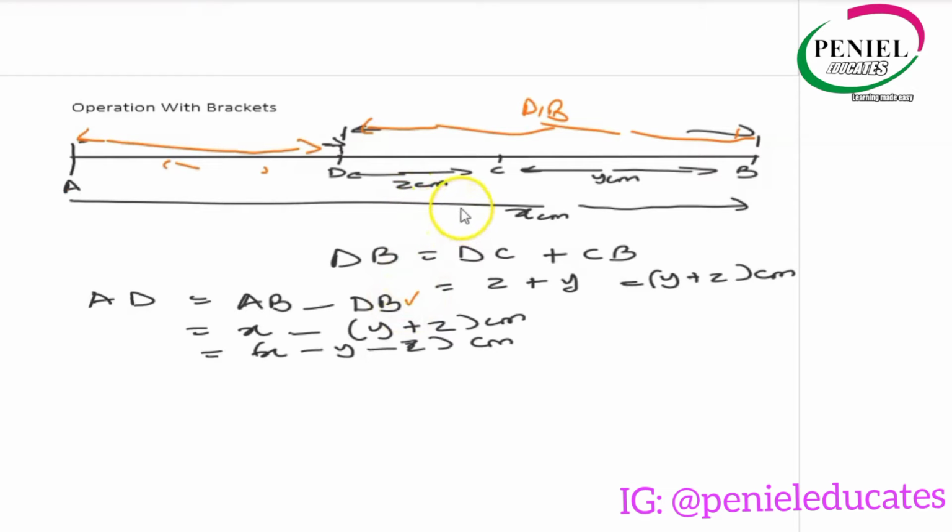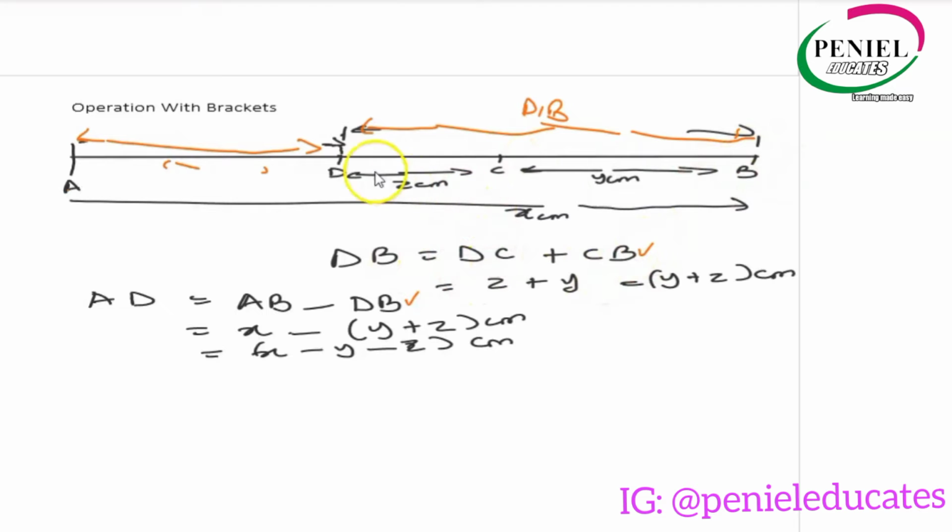But we were actually given DC to be z centimeter, and we have our CB to be y centimeter. So line DB will be DC plus CB, and that's what we have here.